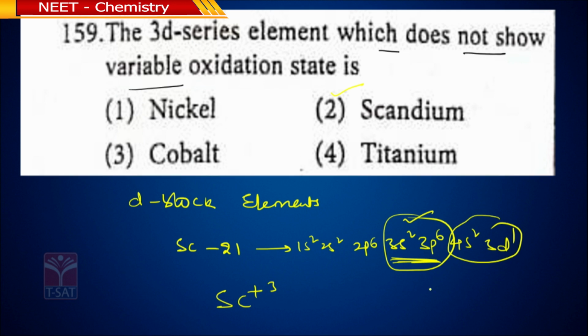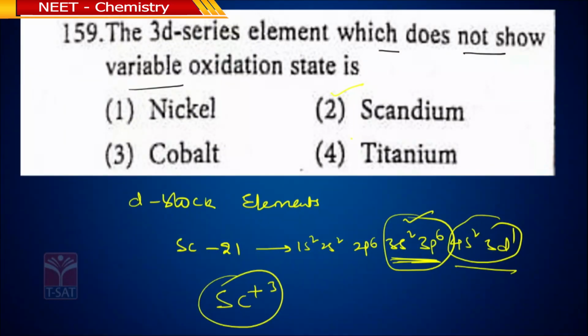That is why it shows only +3, a single oxidation state. It will not show multiple oxidation states like other d block elements, which show multiple oxidation states for their stability. So option 2 is the correct answer for this question.